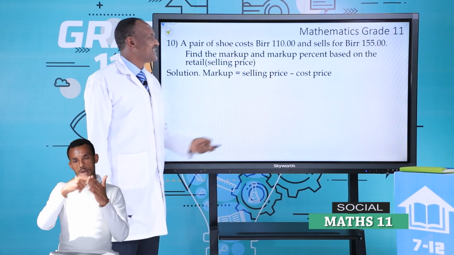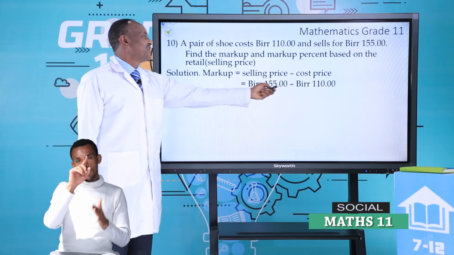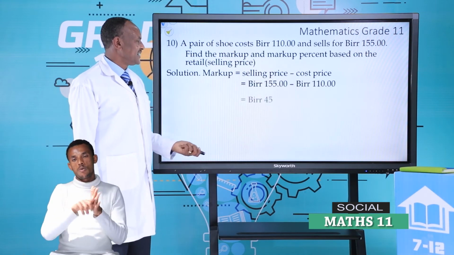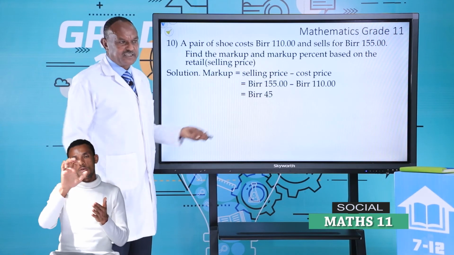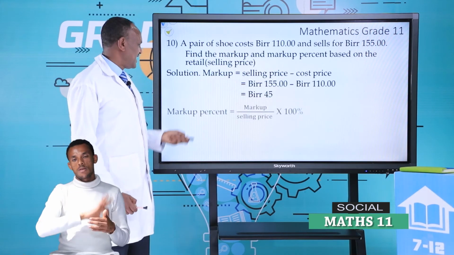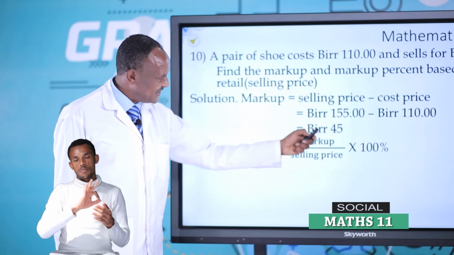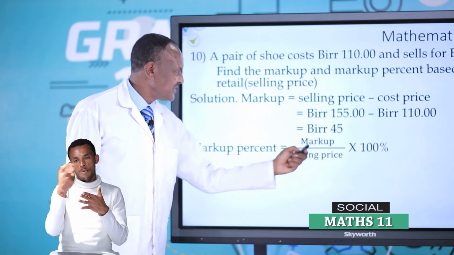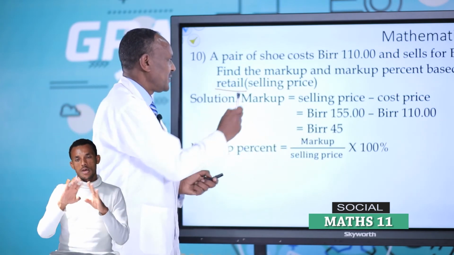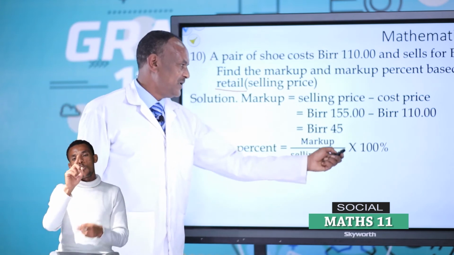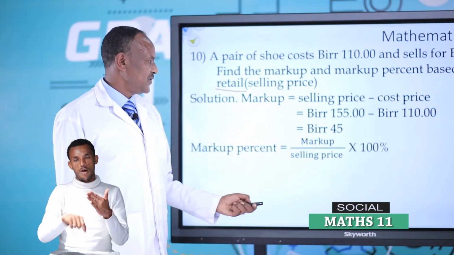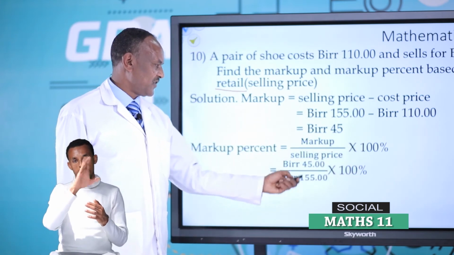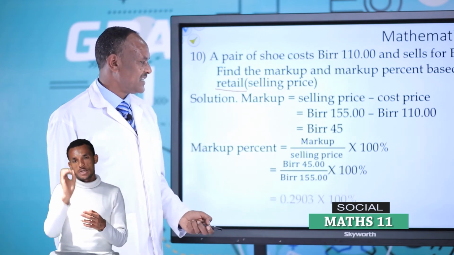Markup is selling price minus cost price. 155 minus 110 gives a difference of 45. This is the markup, the profit. Then the markup percent is the markup, the profit, divided by the selling price. We are asked to calculate it in terms of selling price, multiplied by 100%. You get a value equal to 45 over 155 times 100%.